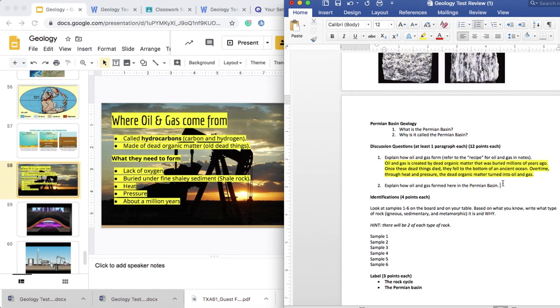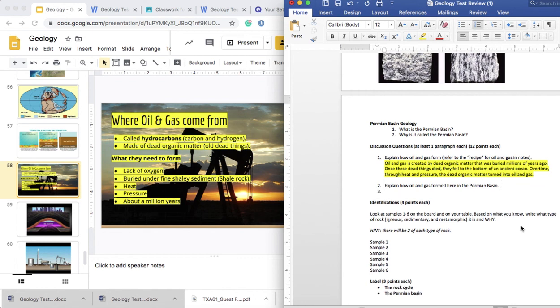The next question is, explain how oil and gas formed here in the Permian Basin. So you could say something like this. Over 200 million years ago, there was an ancient inland sea covering most of the Permian Basin.